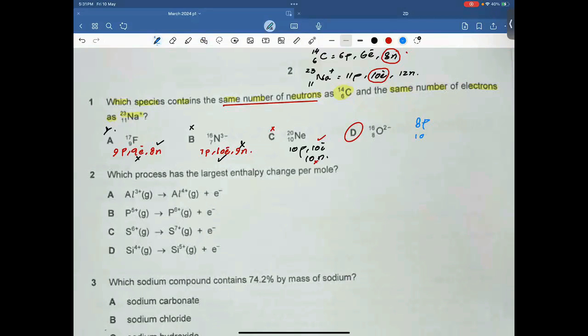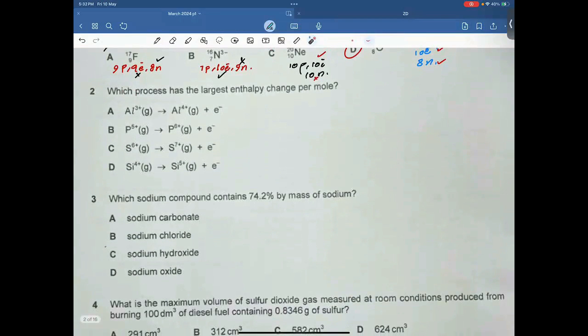We have 10 electrons because of the 2 minus charge. 2 electrons are gained, and so the total electrons would be 10. And 16 minus 8 is going to be 8 neutrons. Now, guys, check. We have 8 neutrons and we have 10 electrons. So this particle has the same number of electrons and neutrons as carbon and the sodium plus ion, which means D is going to be the right answer. Okay. So that's question number 1.